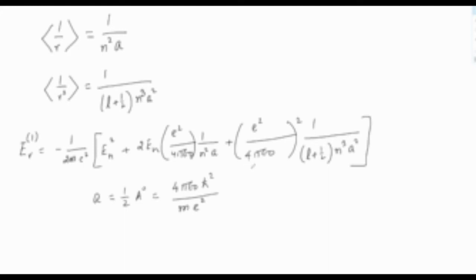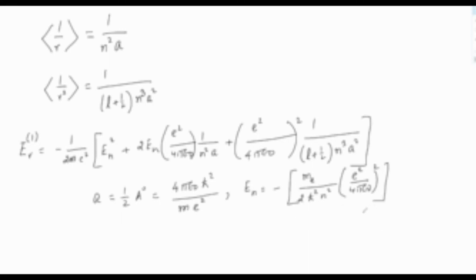epsilon naught and e square in the above expression, and you know what is the energy of the nth state in the hydrogen atom, if you can recall, this value is, I have written it also in the very first turn when I had started discussing hydrogen atom problem, m e by twice h cross square n square, e square by 4 pi epsilon naught whole square.